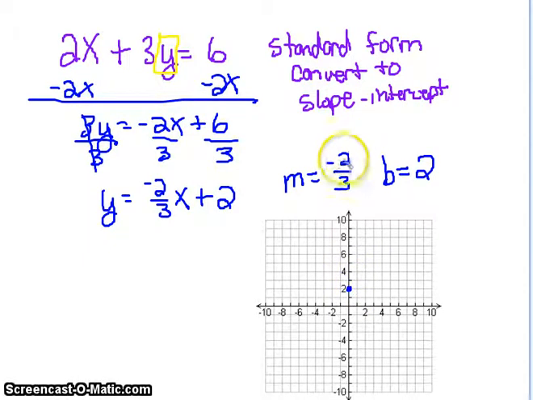And then using my slope, since it's negative, I go down 2, right 3, down 2, right 3, down 2, right 3. And hopefully you get a beautiful line out of that. So we should be able to graph using our slope-intercept form.